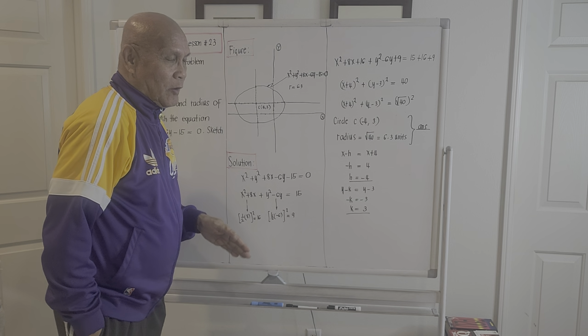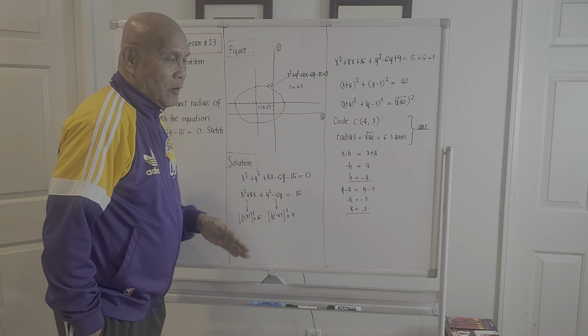Okay, I will try to read the problem. Find the center and radius of the circle with the given equation. The given equation of that circle is x squared plus y squared plus 8x minus 6y minus 15 equal to 0.